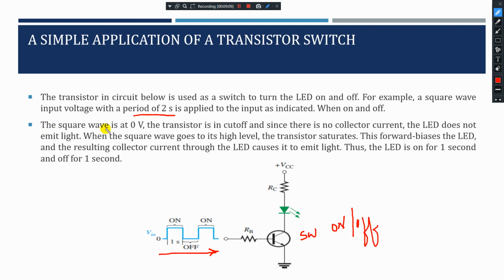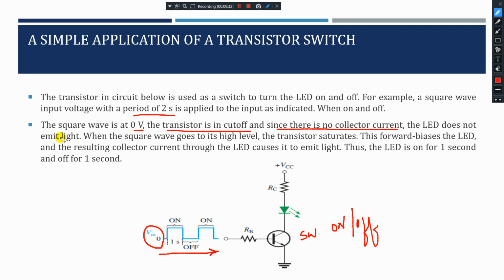Now the square wave is at 0 volt. First, what is the input here? The input is at 0 volt. Now what happens to the transistor when the input is 0? The transistor will be in off condition, or we can call it the cutoff region, since there is no collector current.